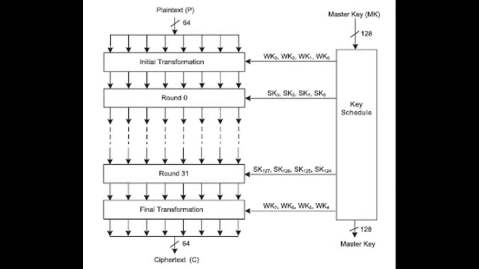Each of the 32 rounds mainly consists of simple operations: mod 2^8 additions, bitwise rotations, and exclusive OR.